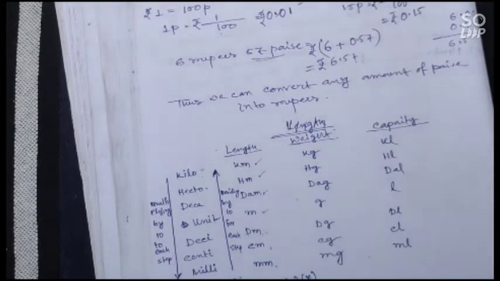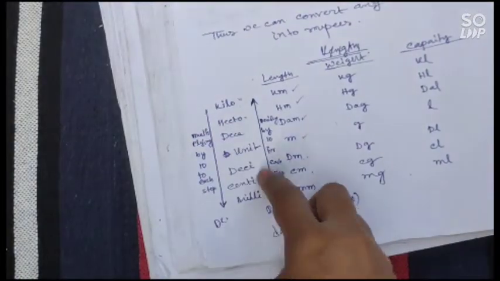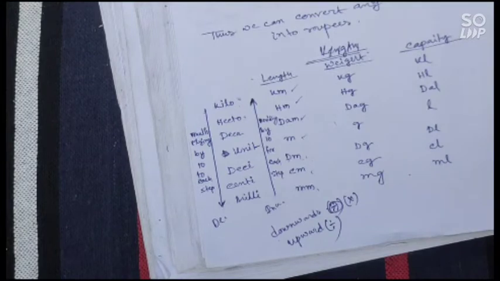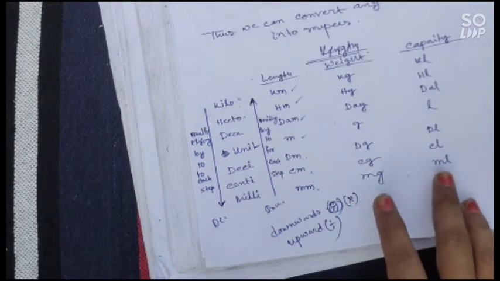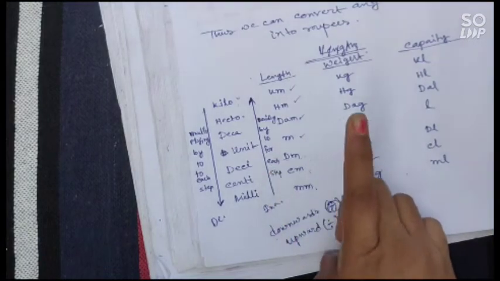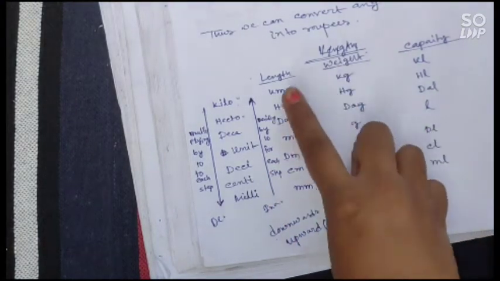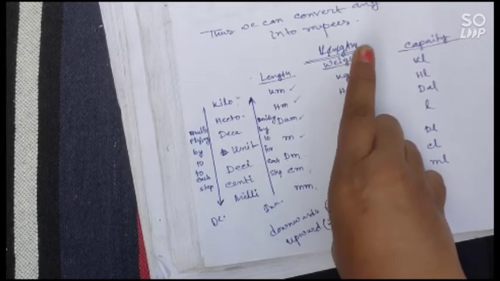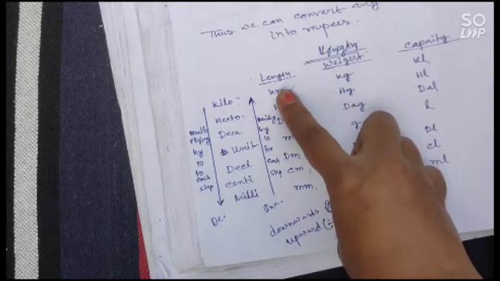Okay, so you just have to memorize these metric units. The interrelation among metric units of weight is the same as that of length, using just g instead of m, that is, gram instead of meter.